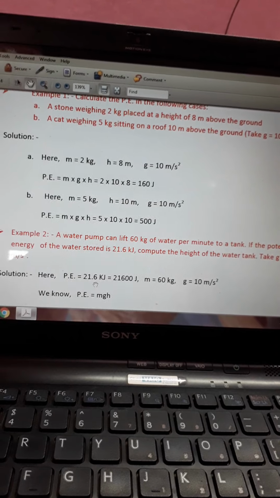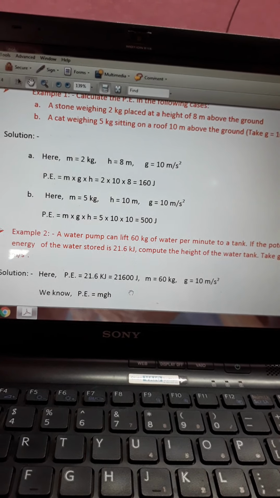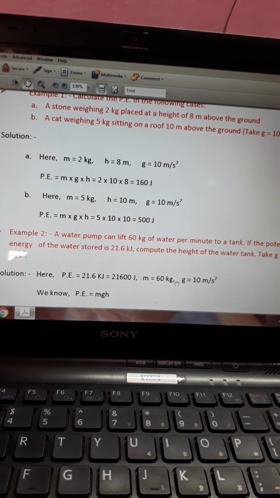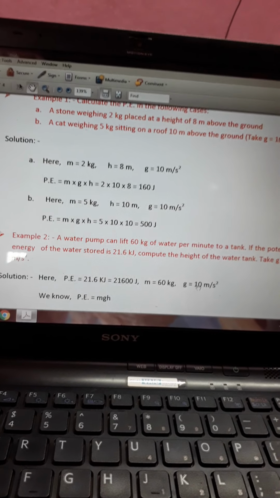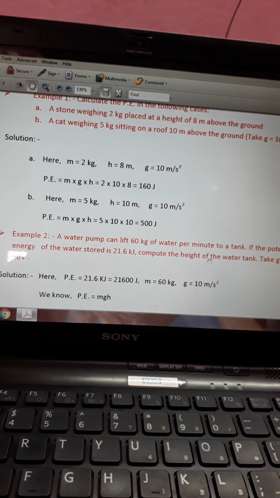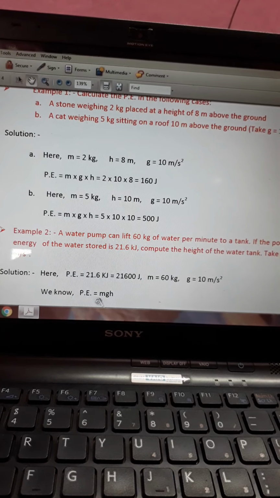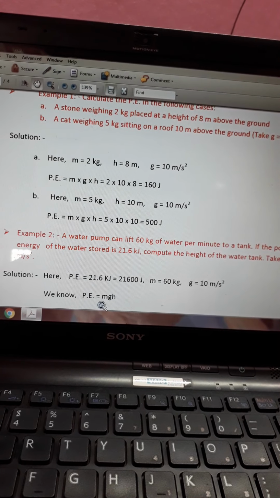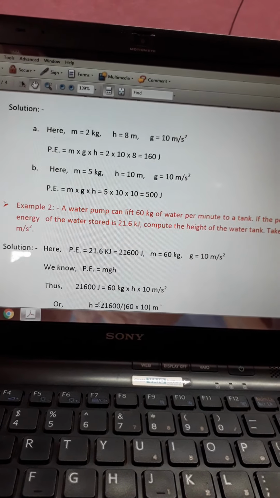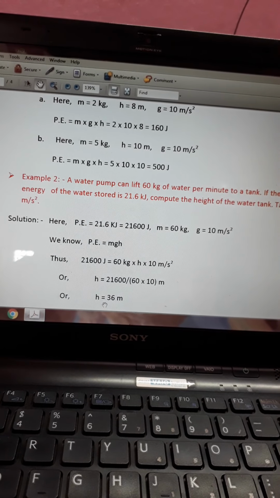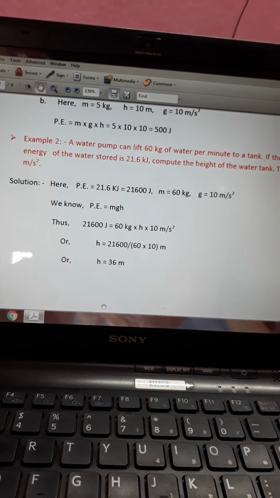At first you have to convert kilojoule to joule. Then mass is given 60 kg, g is 10 meter per second square. You put these values in the expression, potential energy equals to mgh, simplify it, and we will get h is equal to 36 meter.